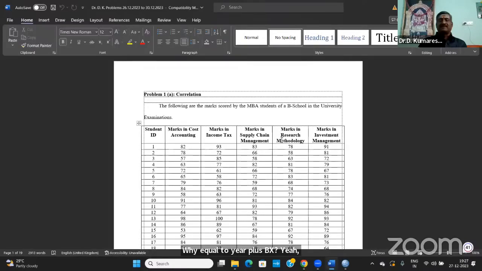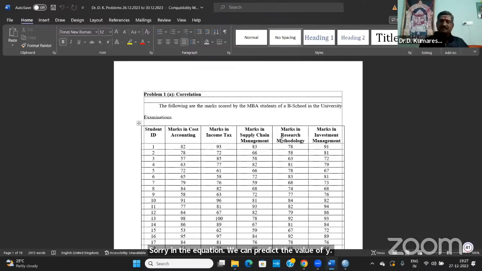A is the intercept or constant. B is the coefficient of X. So if the X value is known, we substitute the values. We are going to compute A and B through regression. We are computing A and B, then substituting the value of X and solving the equation, we can predict the value of Y.